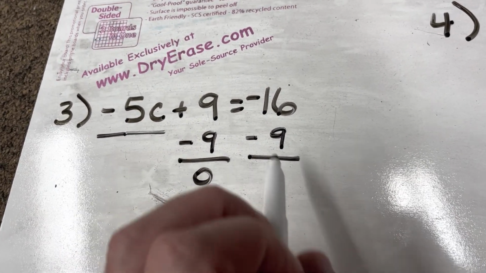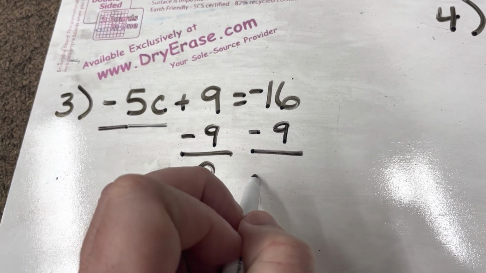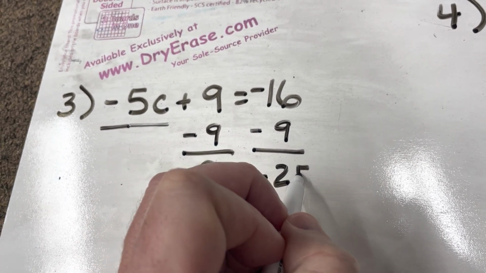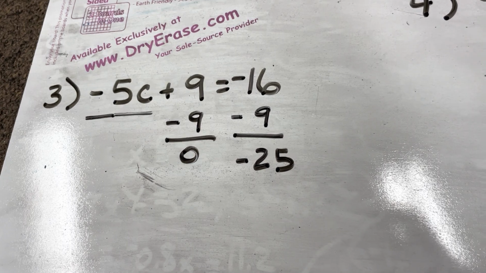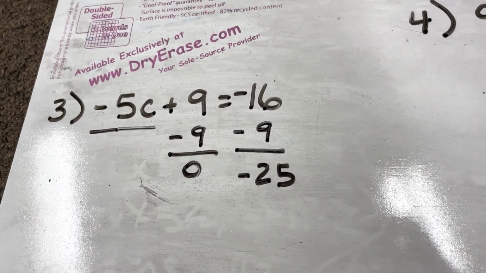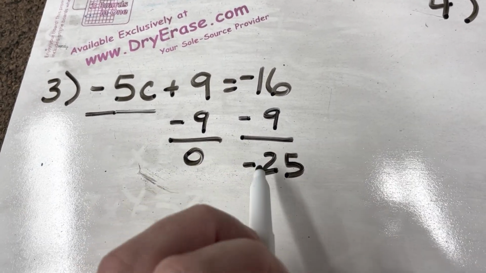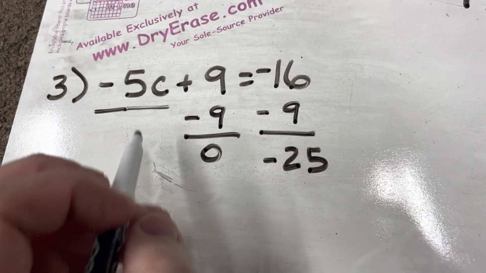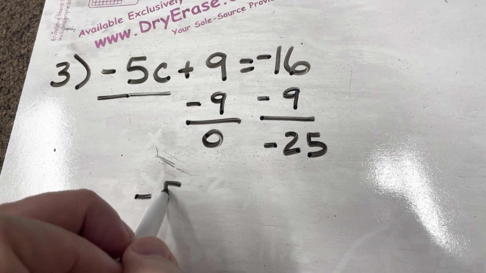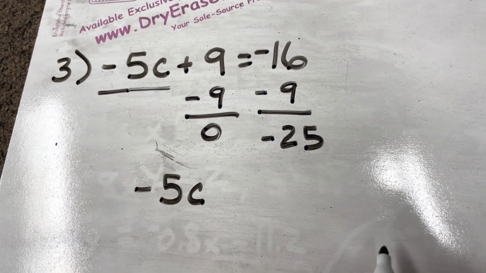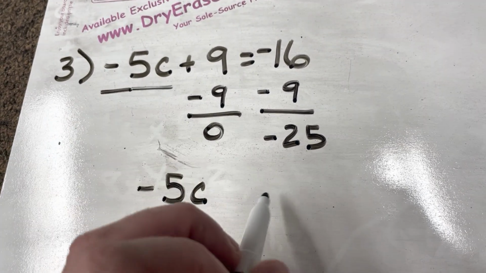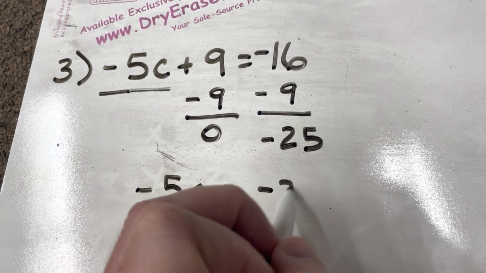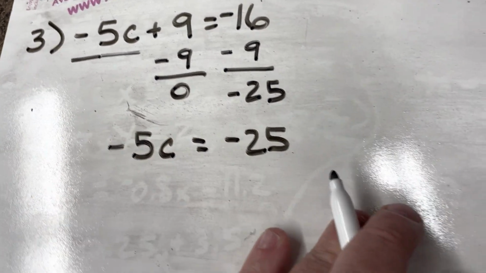Negative 16 minus 9, you can punch that into your calculator, but for the sake of time on this video, I'm not showing that. Negative 16 minus 9 is going to be a negative 25. That leaves me with negative 5c on this side, because I made that 0, equals negative 25.